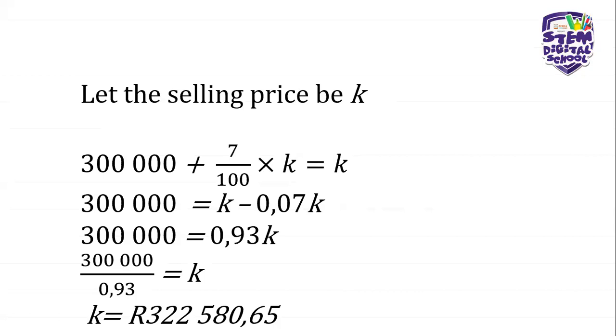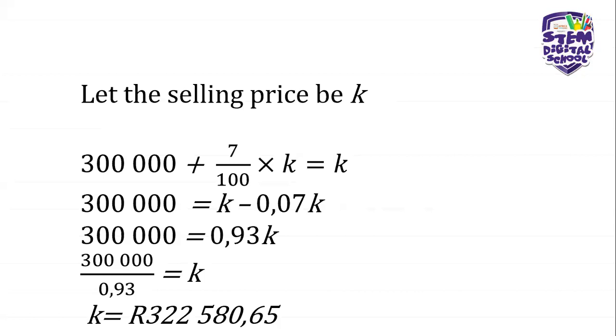And if you want to test, I always say it is very important to test whether the amount is correct or not. In this case, we have already rounded off our final figure. Remember that when you divide 300,000 by 0.93, you actually get a very long number.